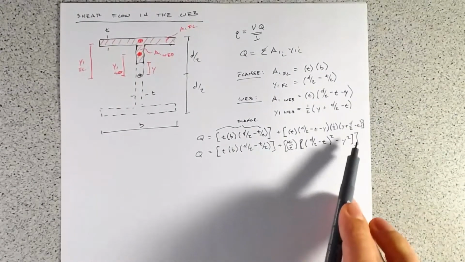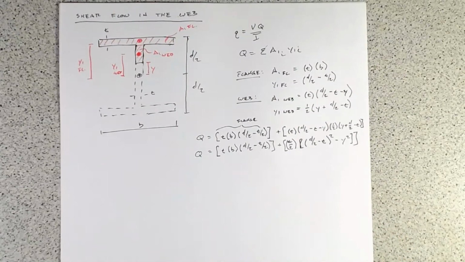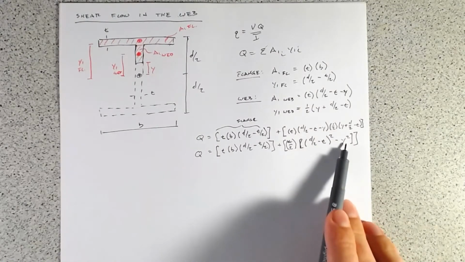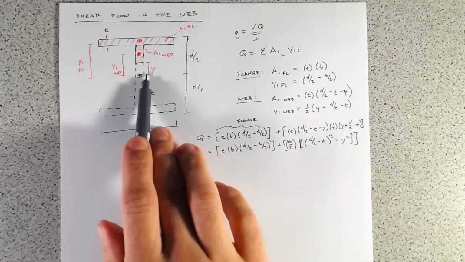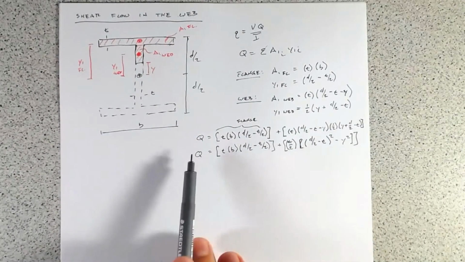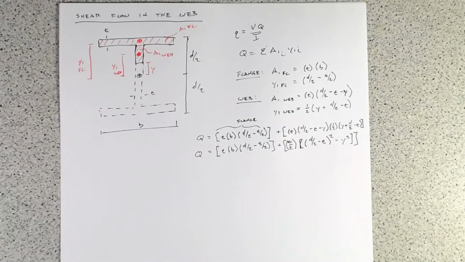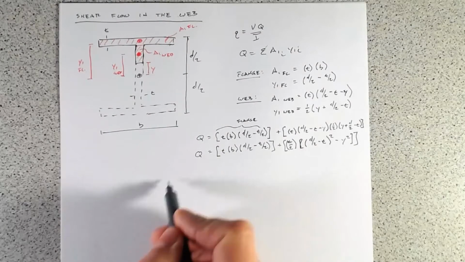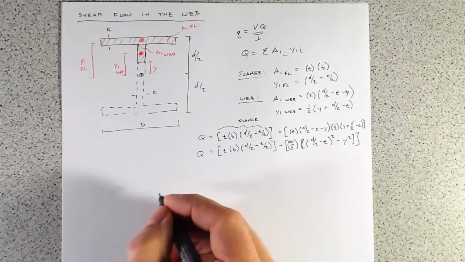And you can see this y squared here, everything else here is a constant. So the only variable which is changing is our distance y, and so that means Q is going to vary parabolically.